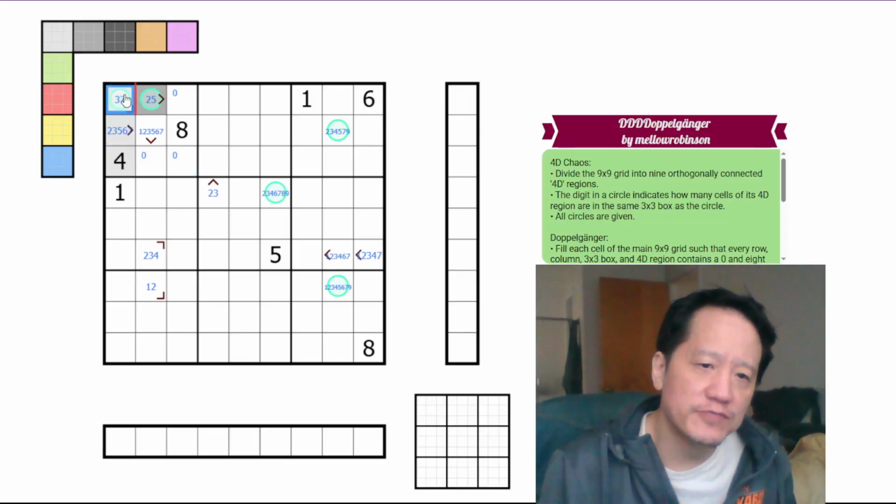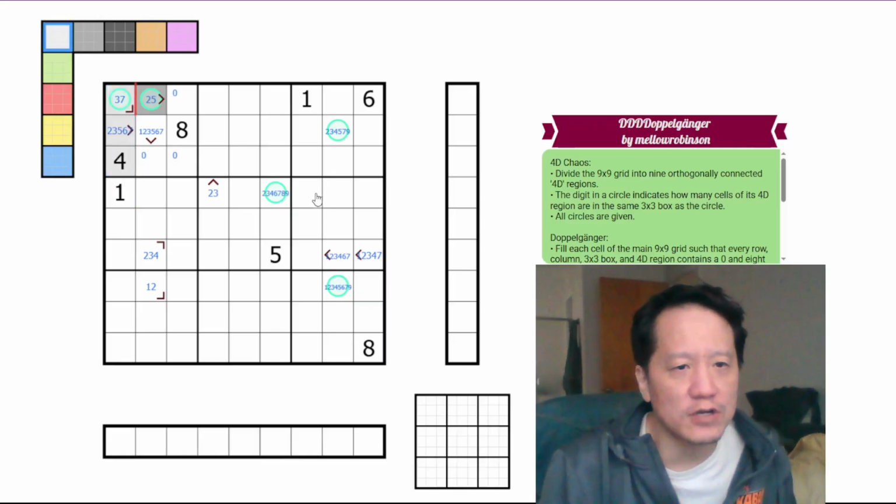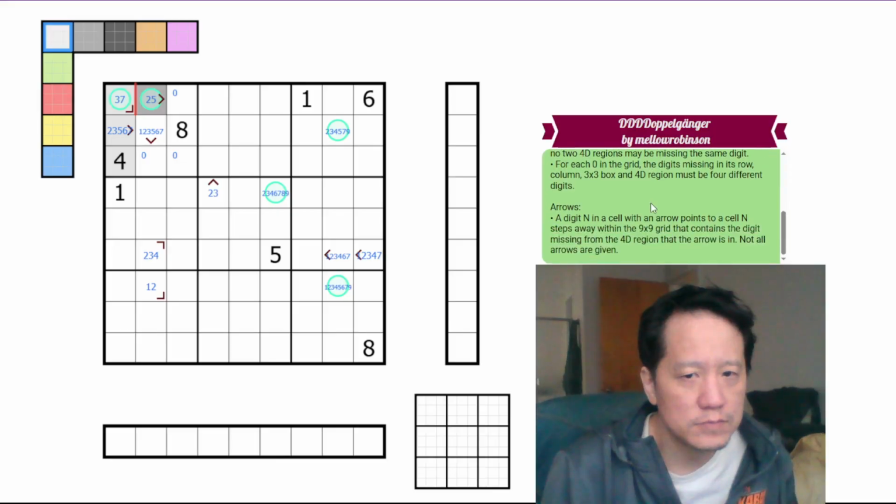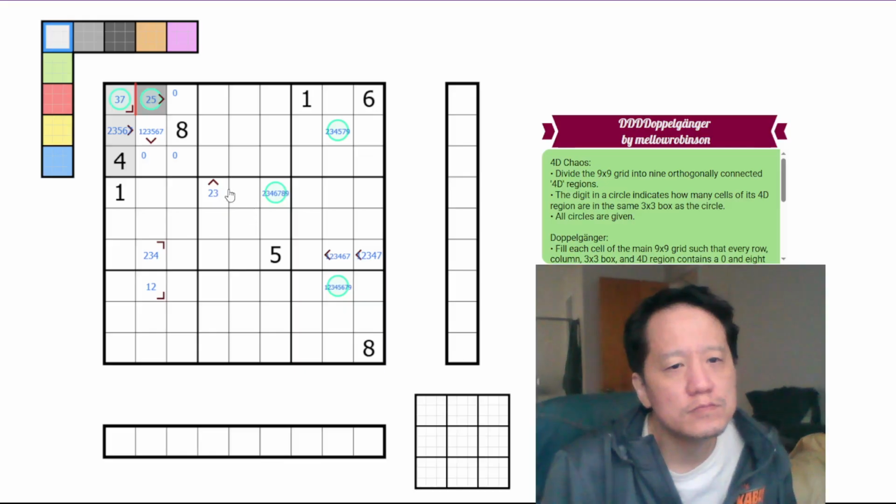So what happens if this is... Okay, if this is 7... So the missing digit in light is never going to be 4. So these are the key cells for this region.